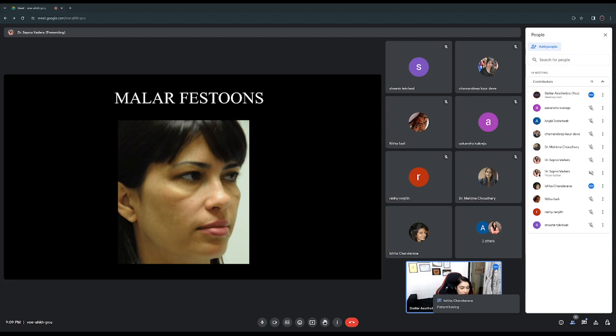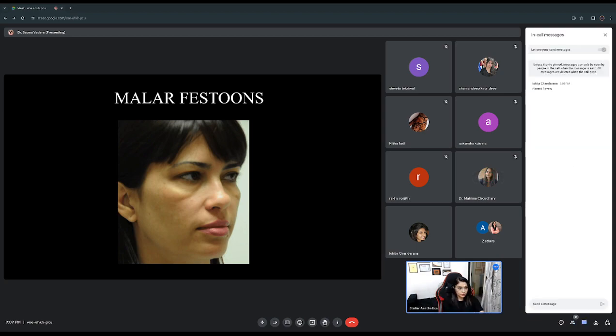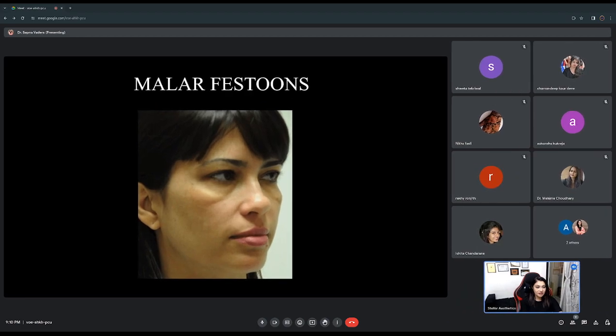Patient having kidney issues. Okay. Fat deposits. Fat deposits, kidney issues. Anything else? Anything that you guys can think of?